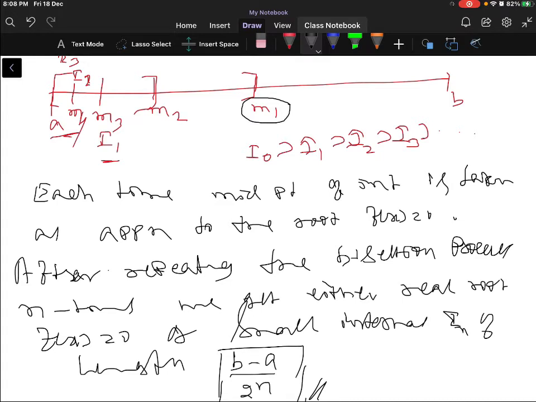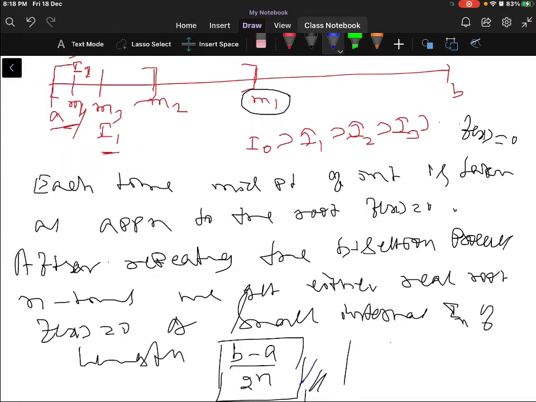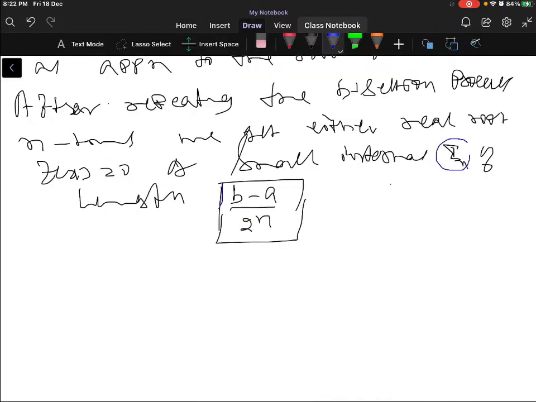After repeating the bisection process n times, either we get the real root of the equation f of x equal to 0, or we get a small interval I n of length b minus a by 2 power n. Now we will see the length of I n, that is b minus a by 2 power n, graphically.